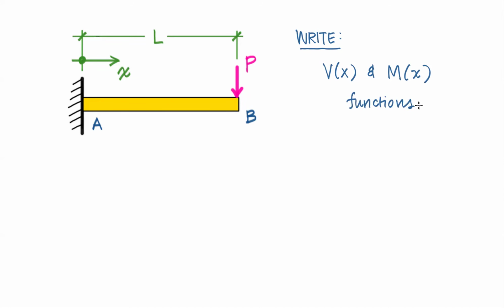Now, when you pronounce these out loud, please don't call this V sub X and please don't call this M sub X. If we wanted to use subscripts, I'm going to toss in some axes here. So here is X and here is Y. That means Z is coming towards us.